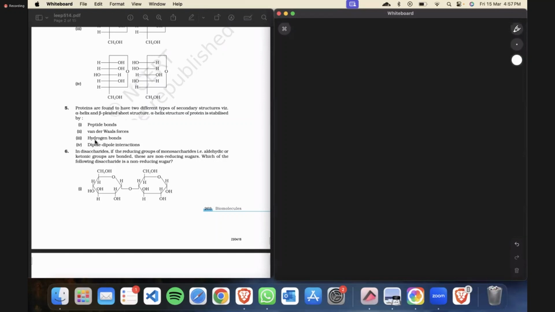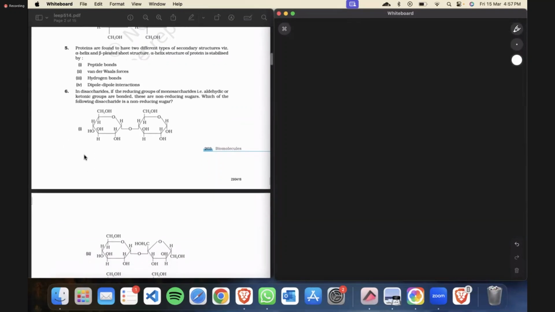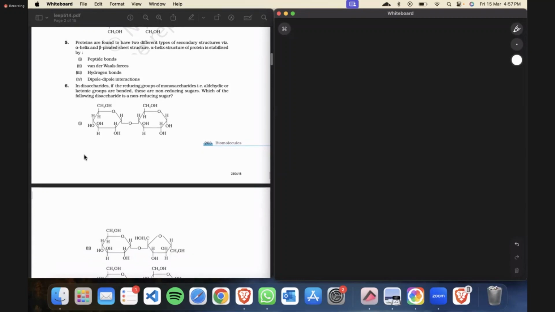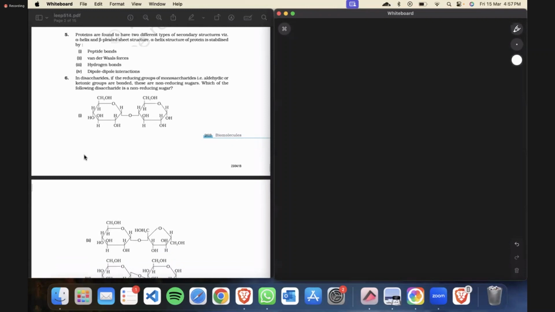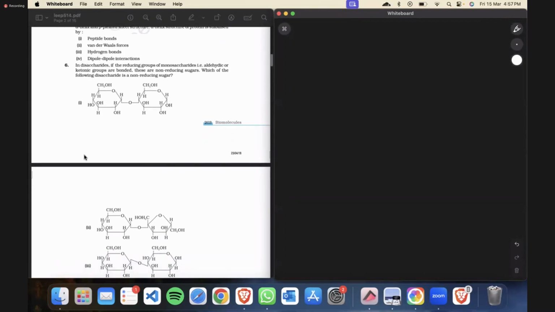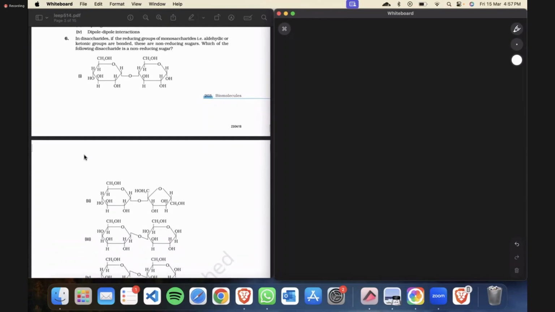So now in question number six, in disaccharides, if the reducing groups of monosaccharides, aldehydic or ketonic groups, are bonded, these are non-reducing sugars.